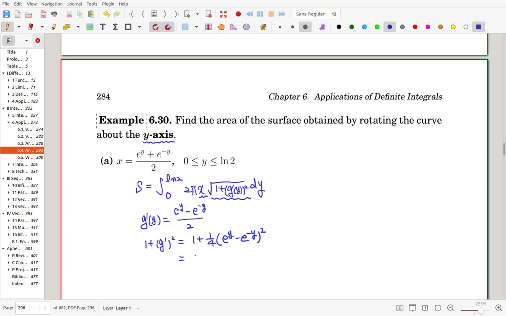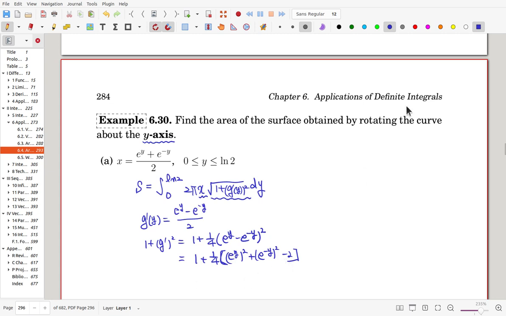So that is the same as 1 plus 1/4, and then, okay, that is e to the y squared plus e to the minus y squared, and then that is minus 2. Okay, we'll put that in. Now, with 1/4, that's the same as minus half.